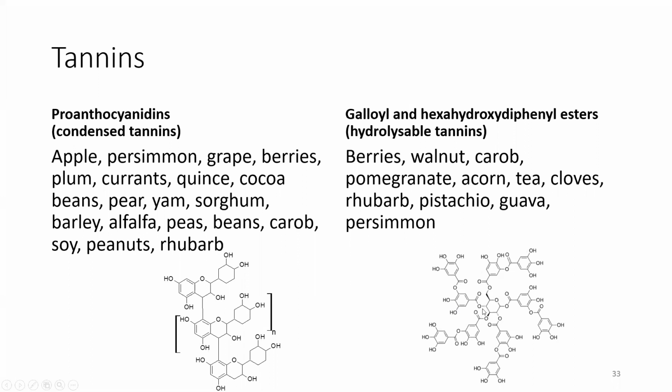So what's this bond here between the sugar and the gallic acid? This bond or this bond? It's a carboxylic acid and an alcohol condensed together. What is that? An ester.